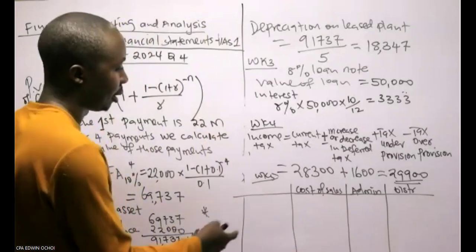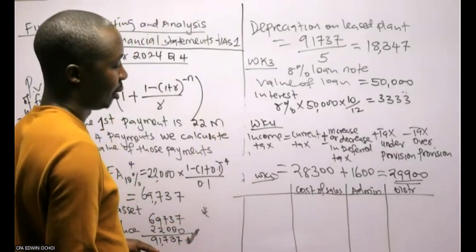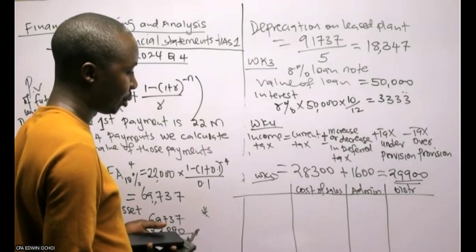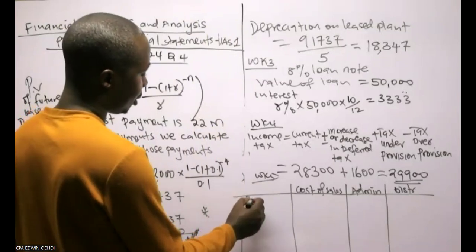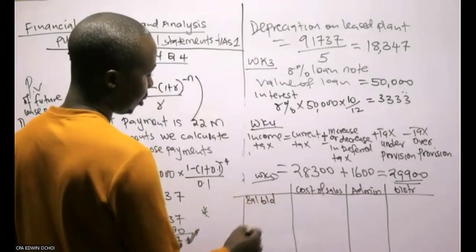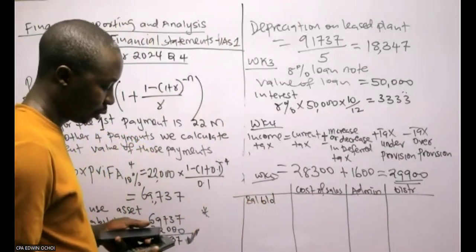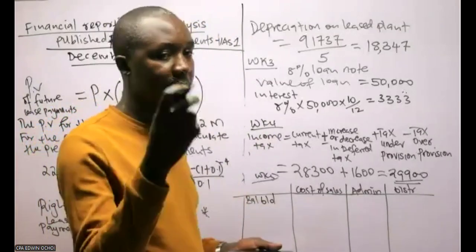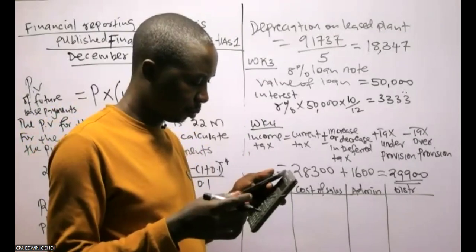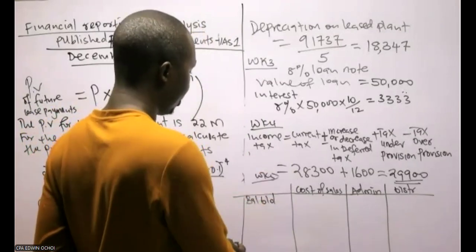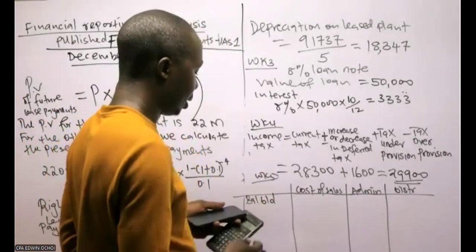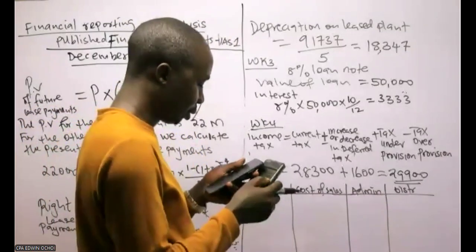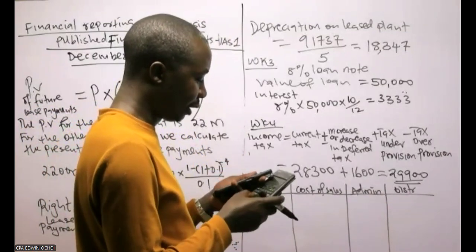But before we do that, let's classify some of the expenses under the cost of sales, admin, and distribution. So we start with the balance brought down. Do we have a cost of sales? If we don't, you know how to determine it: opening stock plus purchases minus closing stock. Opening stock is 37,800.